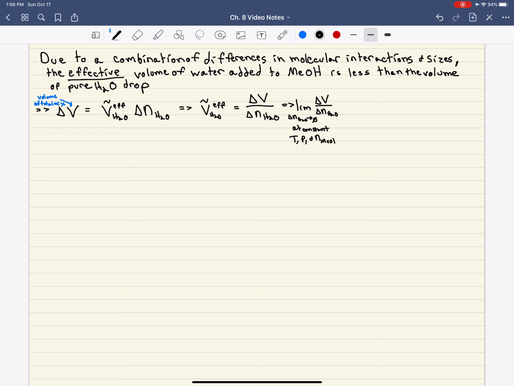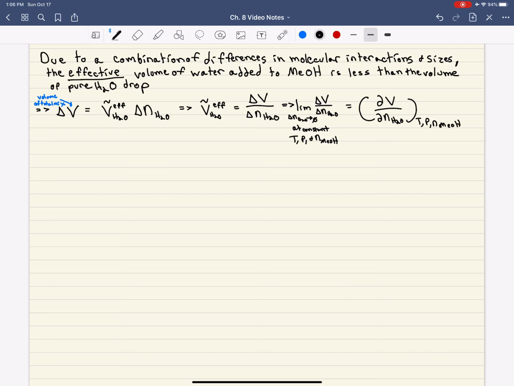We didn't add any moles of methanol to the system. We only added moles of water. So holding all these things constant, if we take the limit of this ratio, mathematically what we get back is the partial derivative of the volume with respect to the moles of water at constant T, P, and n methanol.